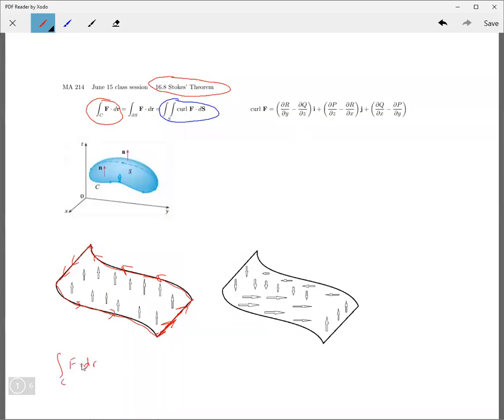Now your dr is going in this direction, and your vectors are sort of in the same direction as dr. If you have two vectors and you take the dot product, the dot product is going to be positive.